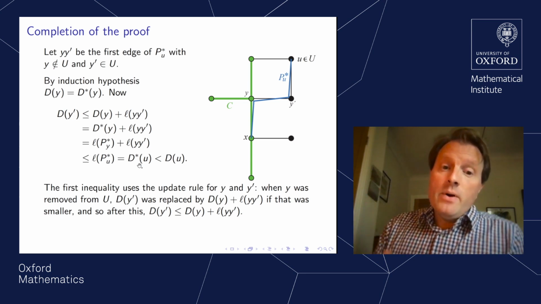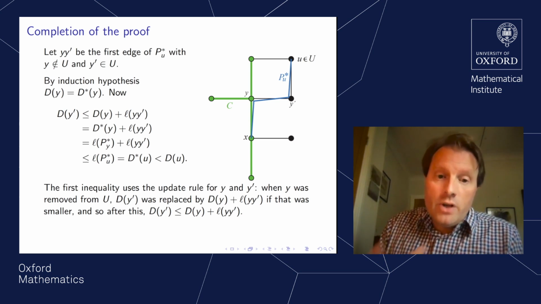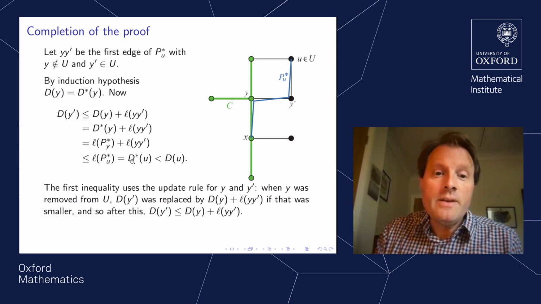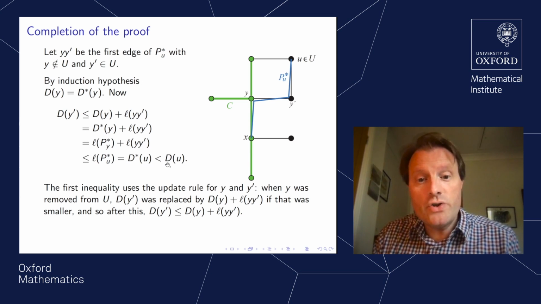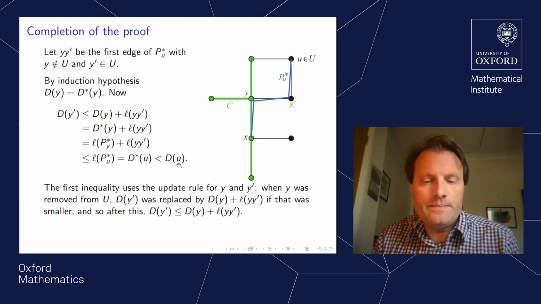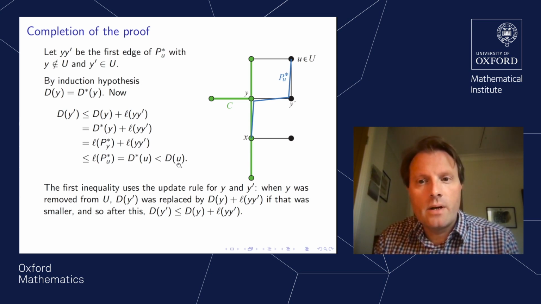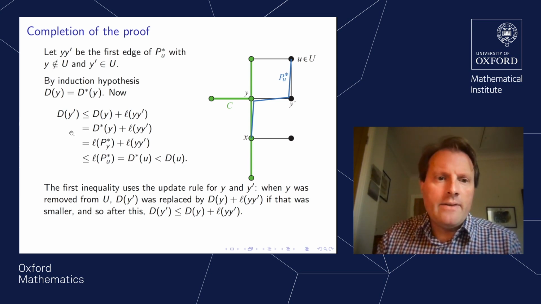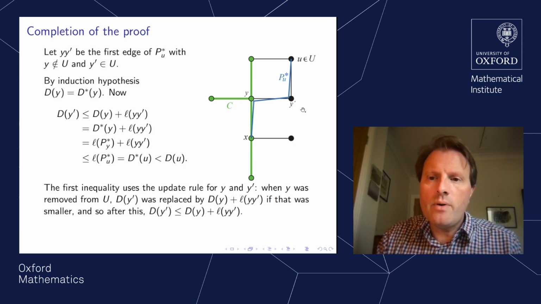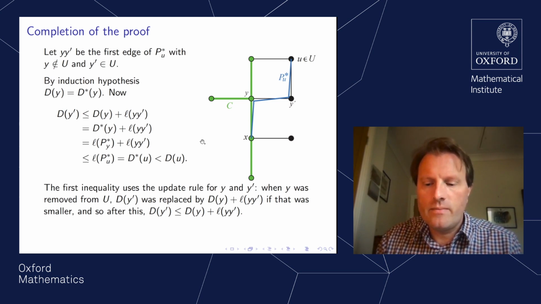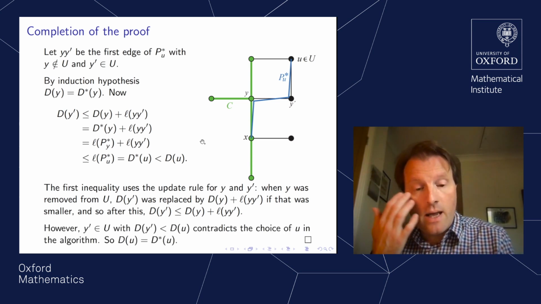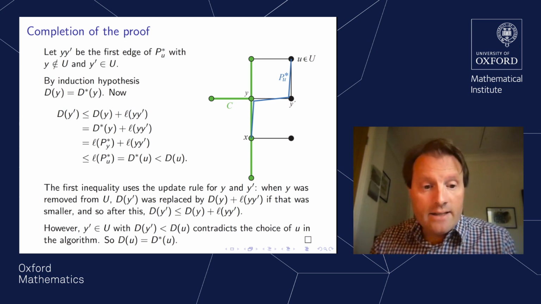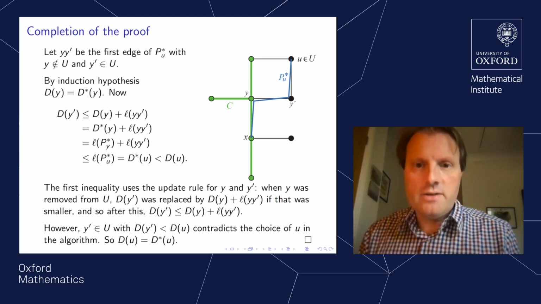And remember, we were supposing for a contradiction that D star U was strictly less than D of U. So, putting all these together, we get that the D value of Y primed is strictly less than the D value of U. And that is a contradiction.